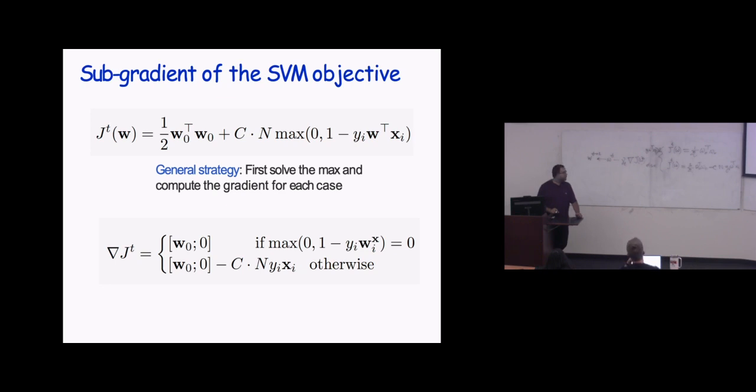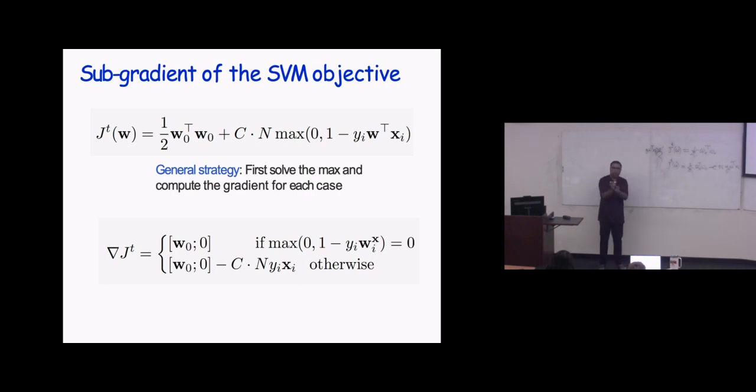Okay. So now, based on these two cases, we have two different gradients for two different parts. If this dot product is greater than or equals to 1, we have this function. But if it is less than this, we have this function. So based on this, we'll compute two different gradients for two different parts. That's the idea. Because they are convex, between them there is no problem.